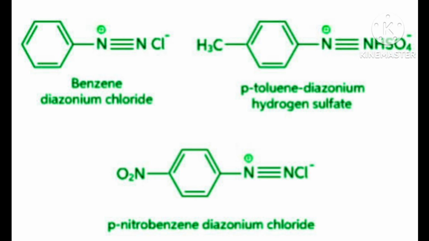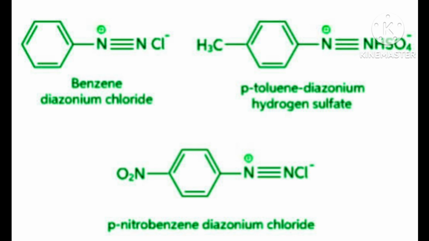Here are two conditions. Both conditions I will tell. First, Cu in presence of HCl. It will form the same type of reaction. Here again N2 will go as N2 gas. ArN2 plus X minus, then N2 plus will go as N2.